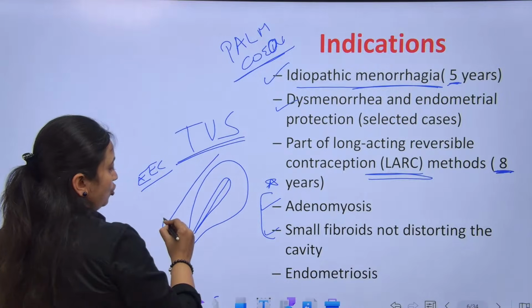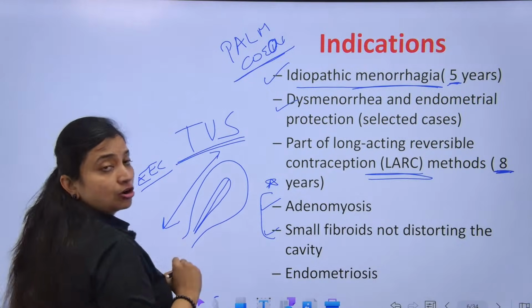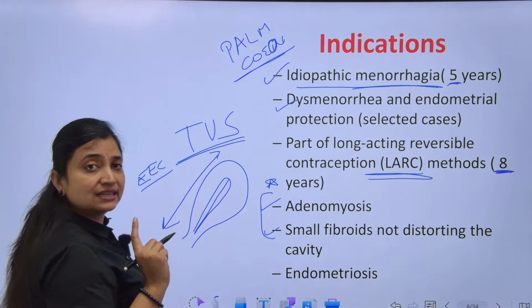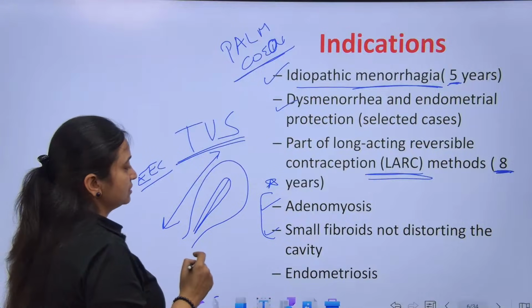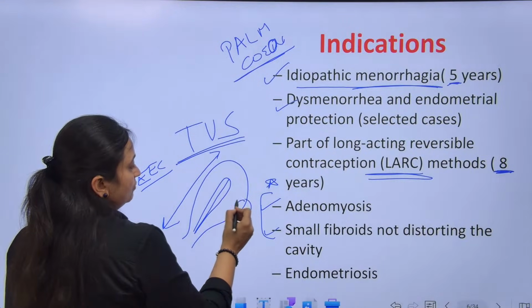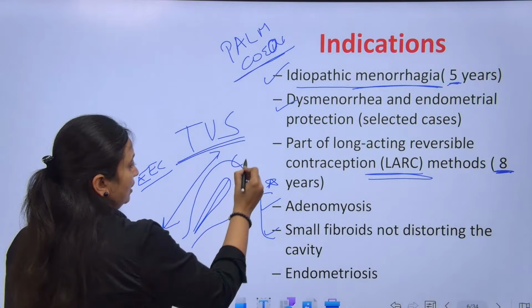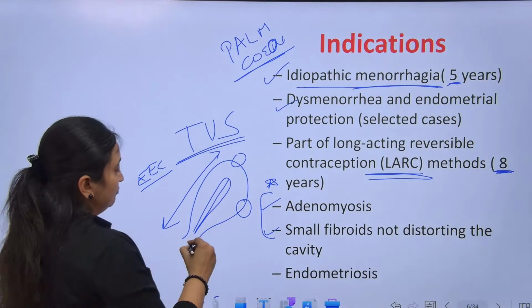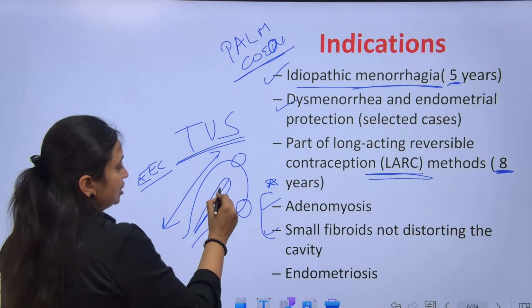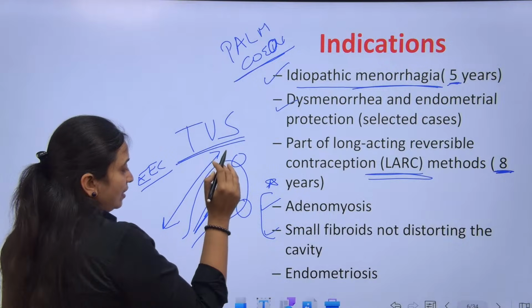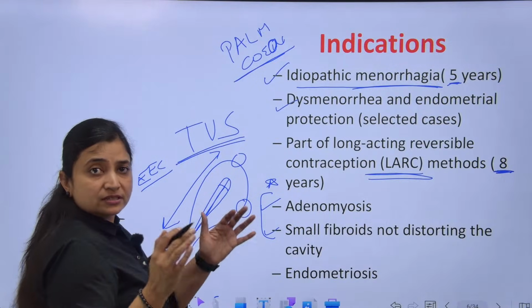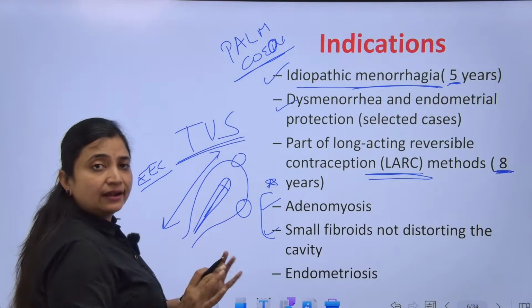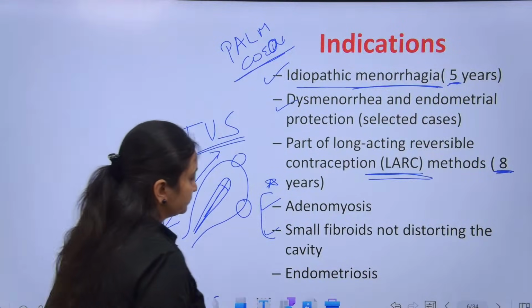If the total length is not more than 10 centimeter, that is in cases of early adenomyosis, as well as there are some leiomyomas here or here which are not distorting the cavity at all, then we can actually put the LNG-IUS here, work on the endometrium, and slowly it shrinks and the bleeding decreases.